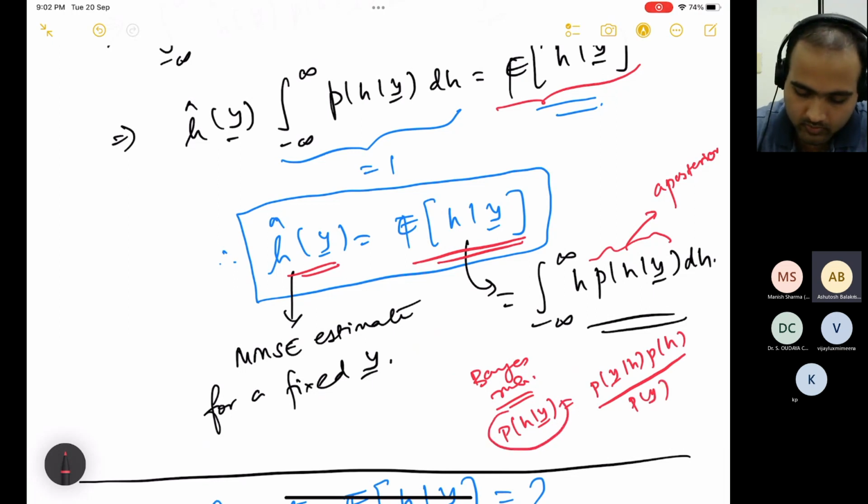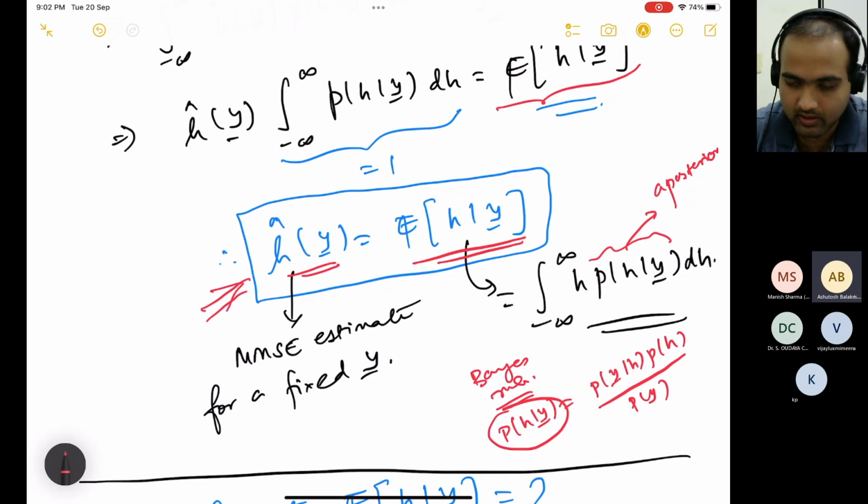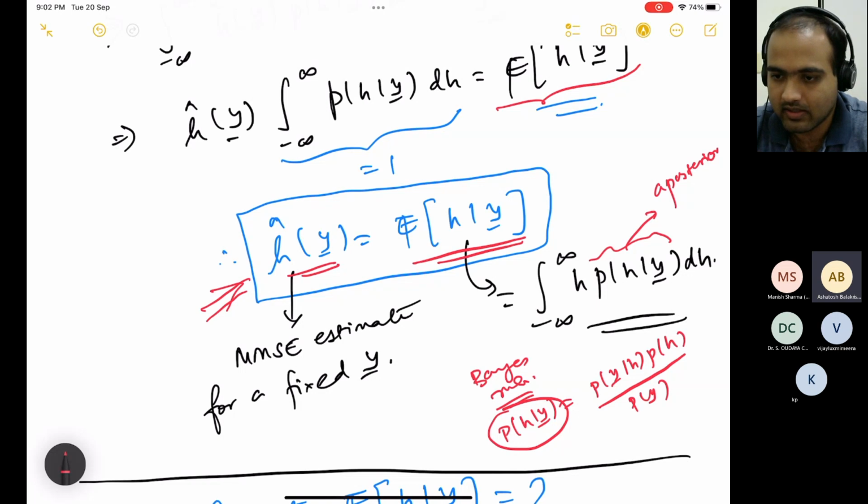So basically what we have is the integration of h times the posterior dh, right? So what we see is that for a case when the parameter itself has a random PDF, the expectation of the posterior probability is basically the estimate, right? So any questions up to here?